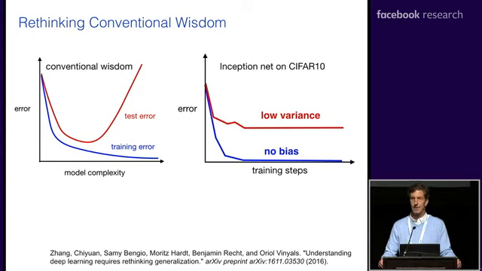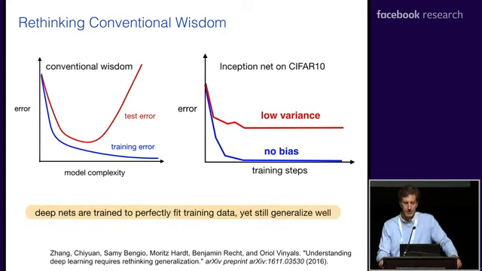That's why you see the training error going to 0. So there's no bias. We fit exactly the training data, but also it doesn't blow up. The generalization is also very good, or at least not getting worse as we overfit to the training data. So deep nets are trained to perfectly fit training data, yet they still generalize well.